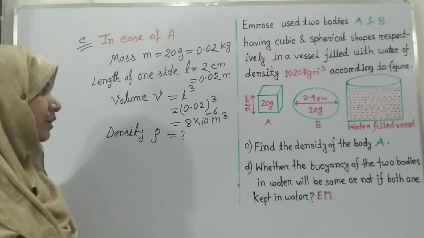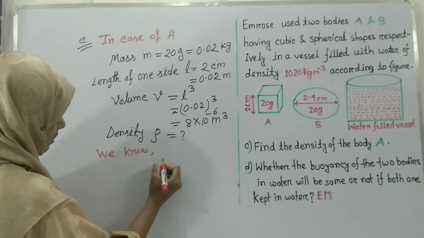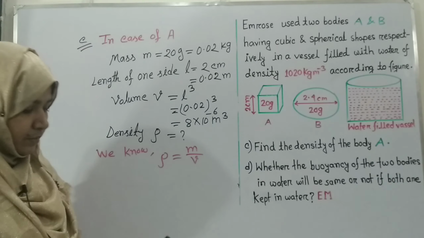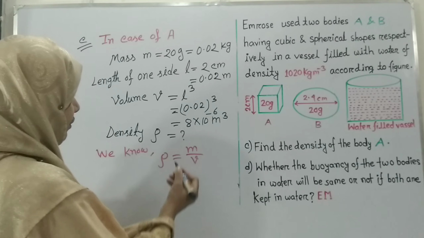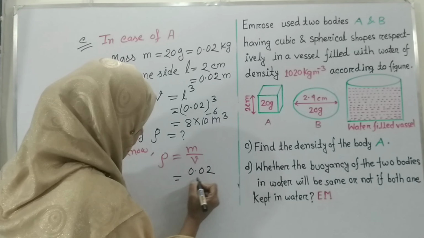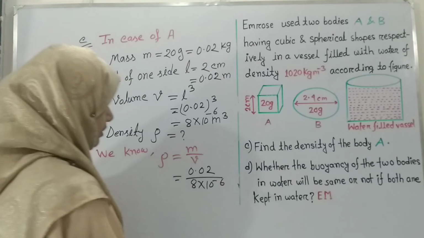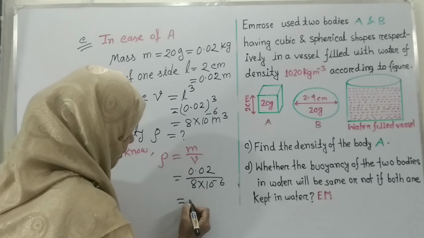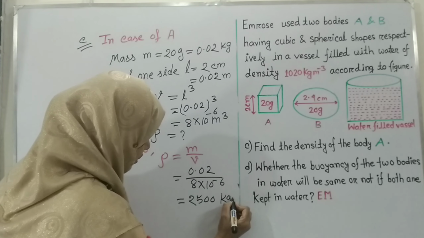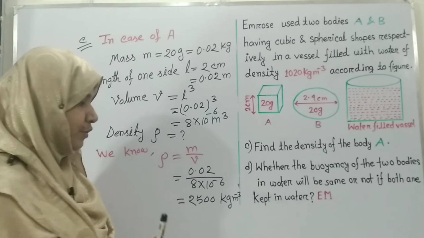We know the formula to calculate density is rho equals m by v. Now we know the value of m and v both, so I am putting the values here. M is 0.02 and the volume is 8 into 10 to the power minus 6. So the density of the object will be 2500 kg per meter cube. And this is the answer of question number C.